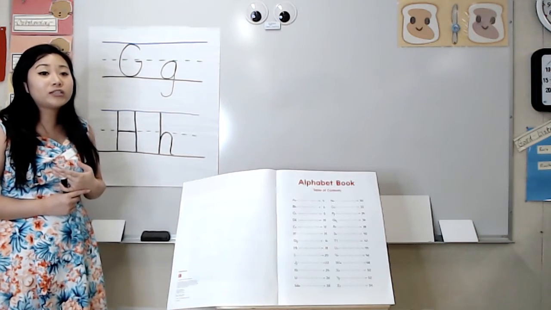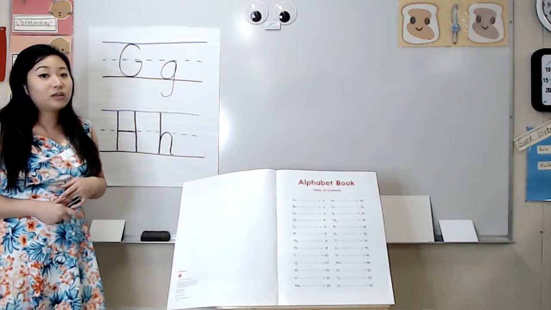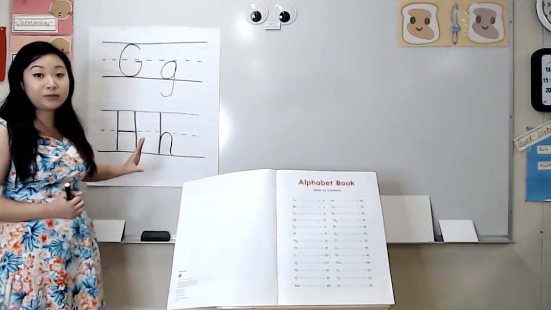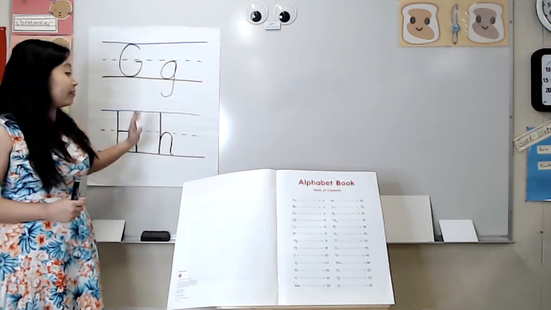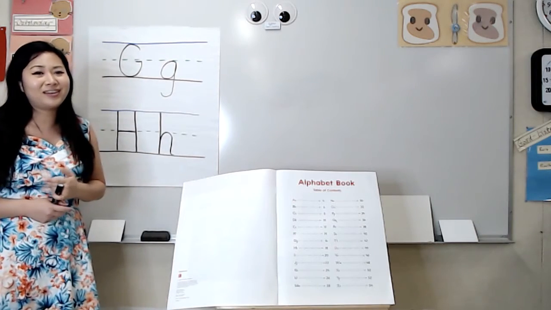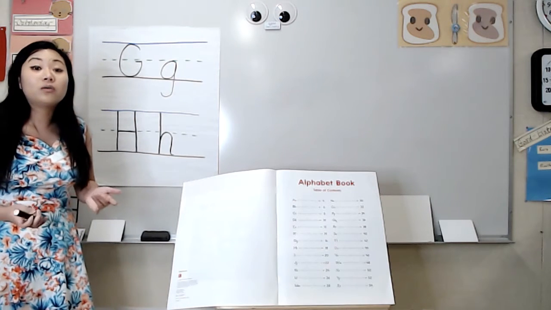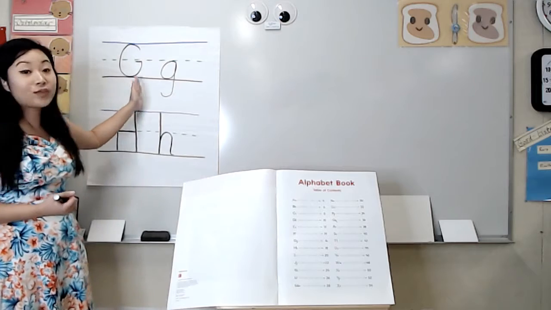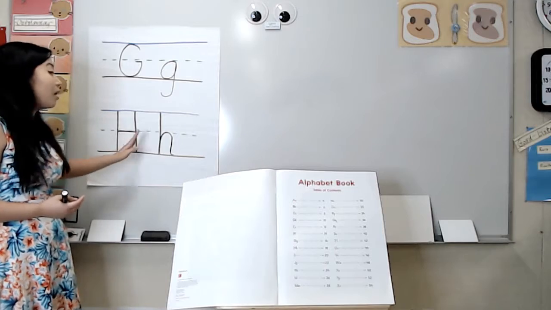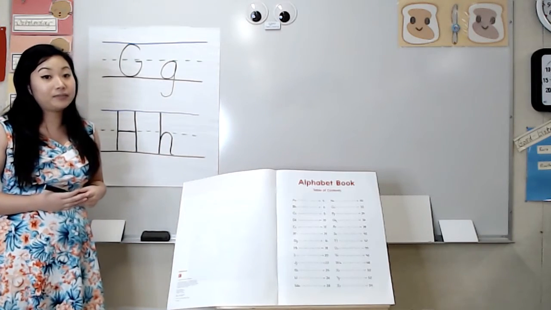Well, when I look at G and H, they're actually pretty different. Because these letters stay between the sky and the ground, but this lowercase g, it digs underground, and that's pretty different. What else? Oh, well, the letter G, both uppercase and lowercase, has a lot more curves, and H is a lot more straight. It has a little curve, but it's not very curvy.